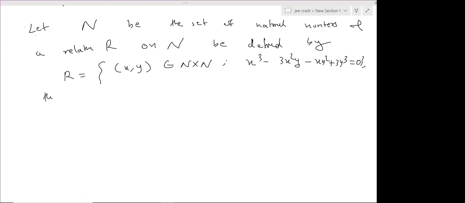Then the relation is symmetric, reflexive, and transitive, and equivalence. These are the 4 options you have. Please write down the question. I'll give you 1 minute.